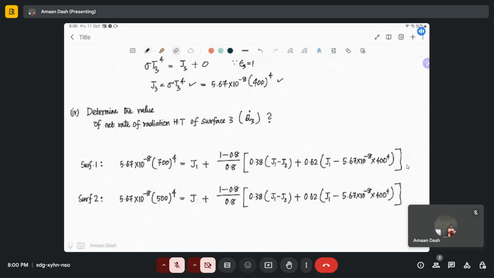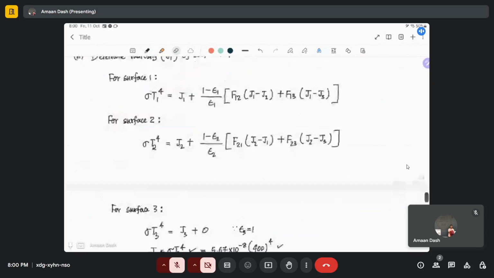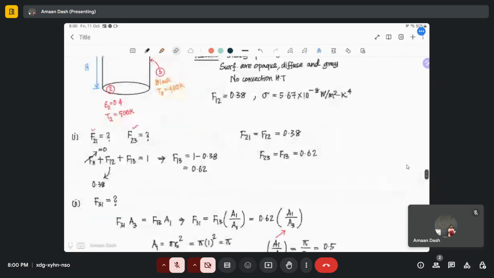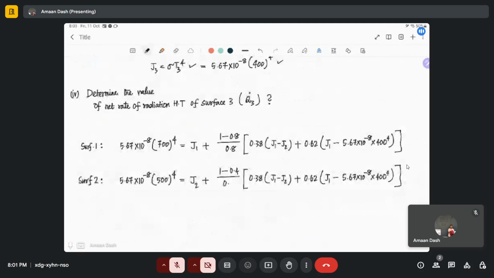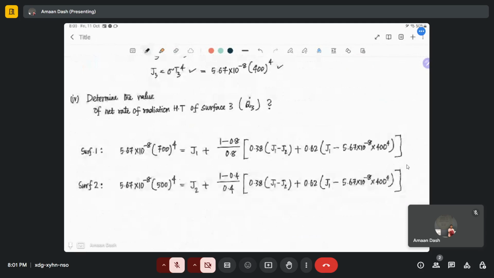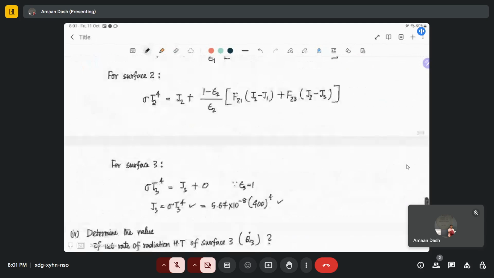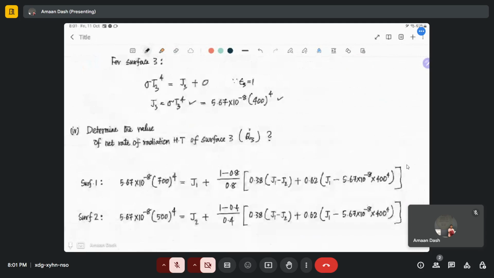Now we can write for surface 1. So we have 5.67 times of 10 to the power of minus 8 times T1 to the power 4, which is 700 Kelvin.